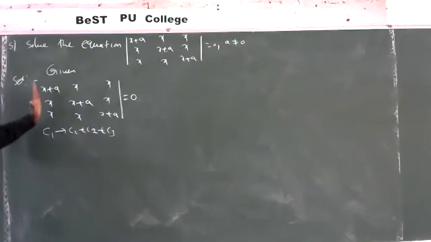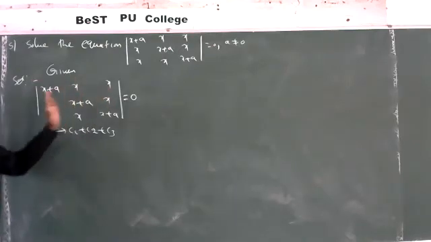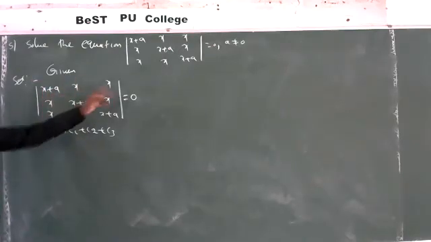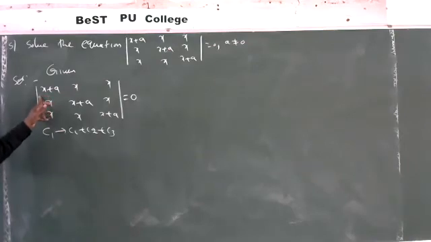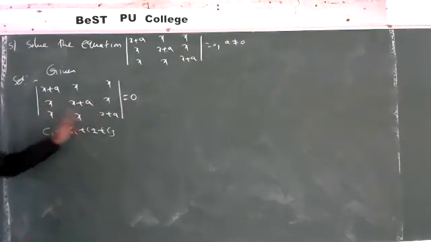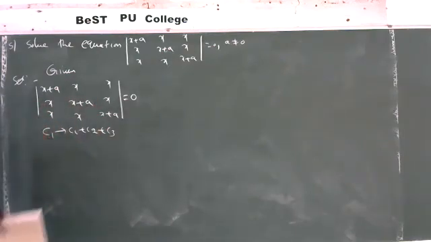If you apply C1 goes to C1 plus C2 plus C3, x plus a plus x plus x becomes 3x plus a. In the same way it is also 3x plus a, it is also 3x plus a.